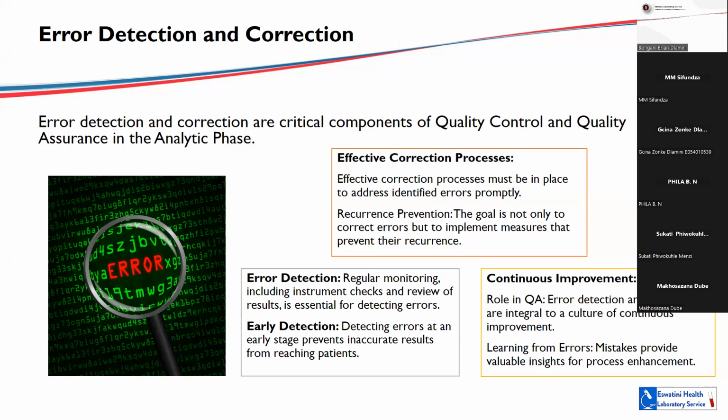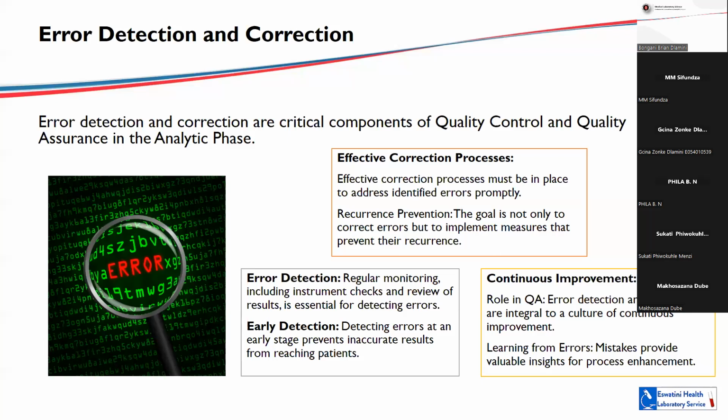Error detection, again, we say regular monitoring, including instrument checks and a review of the results, is essential for detecting errors. Detecting errors at an early stage prevents inaccurate results from reaching patients.